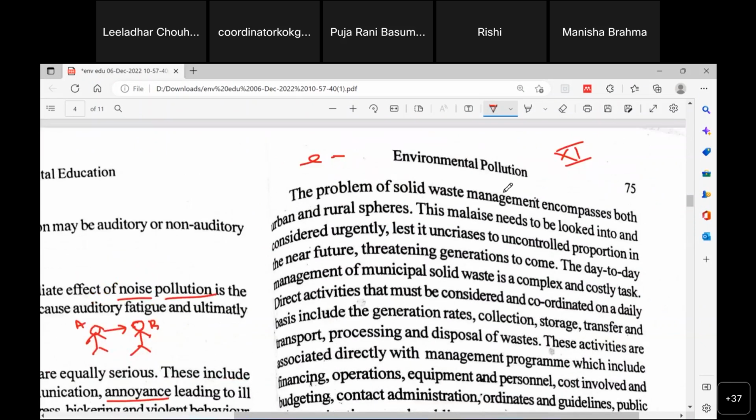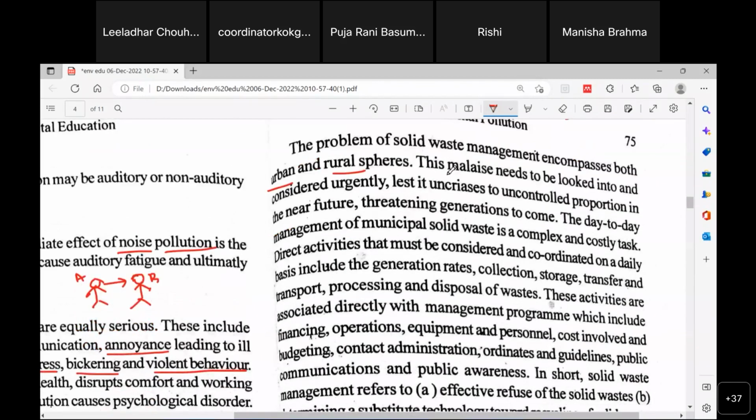So the problem of solid waste management encompasses both urban and rural spheres. Both urban and rural areas produce solid waste. Now, one problem here is that in this book there are very high level words. Some of the words are not directly intelligible to average students.